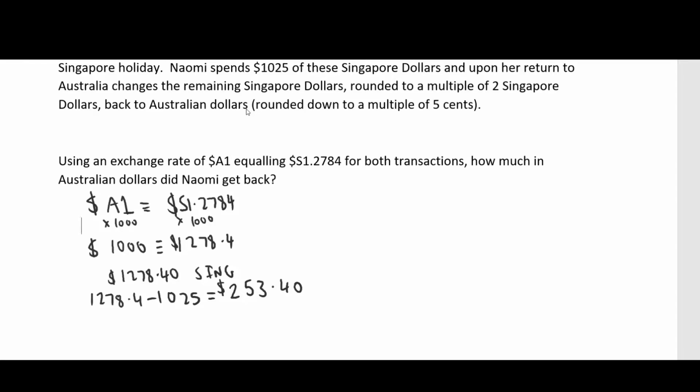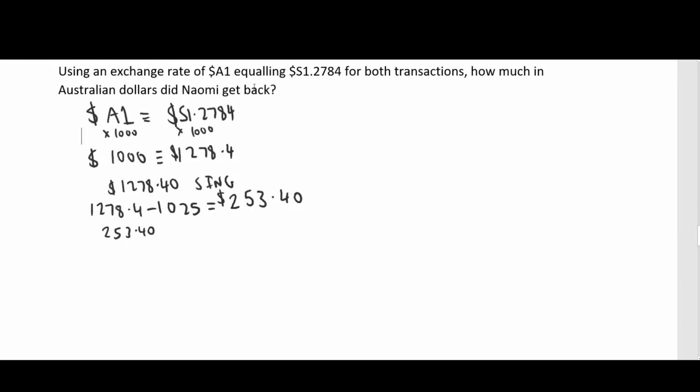Then she changes that back to Australian dollars. Now this 253.40, that's rounded to the nearest multiple of 2.